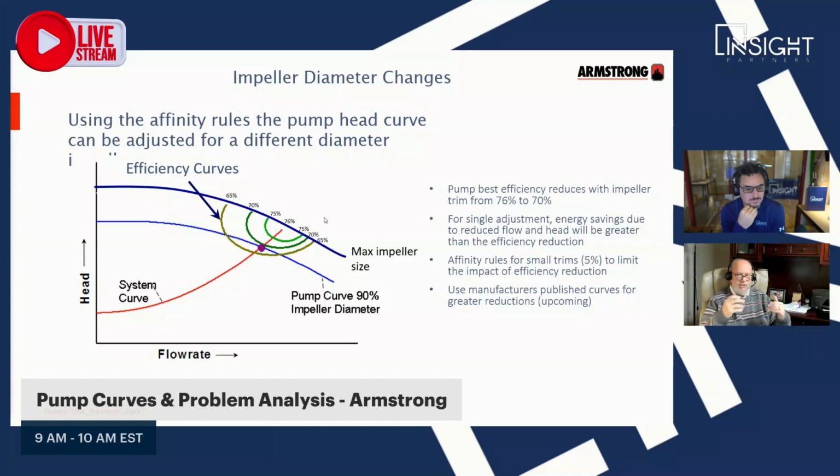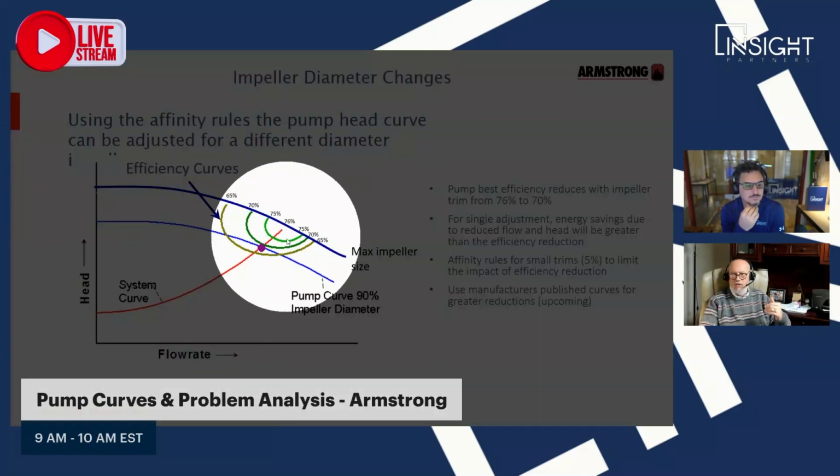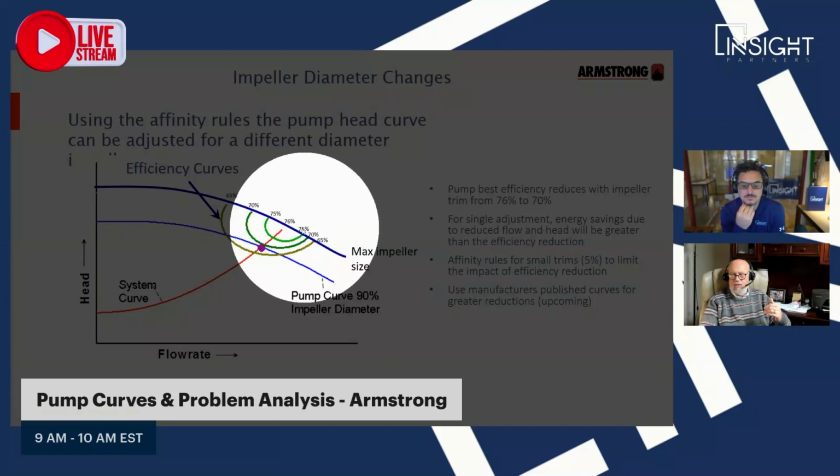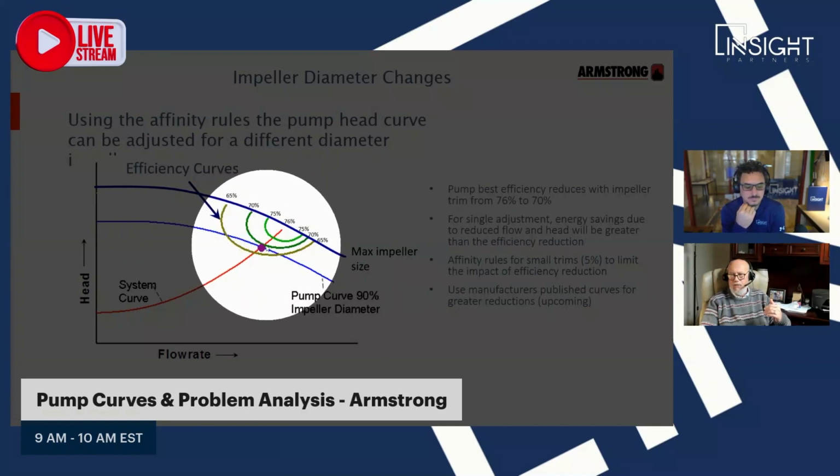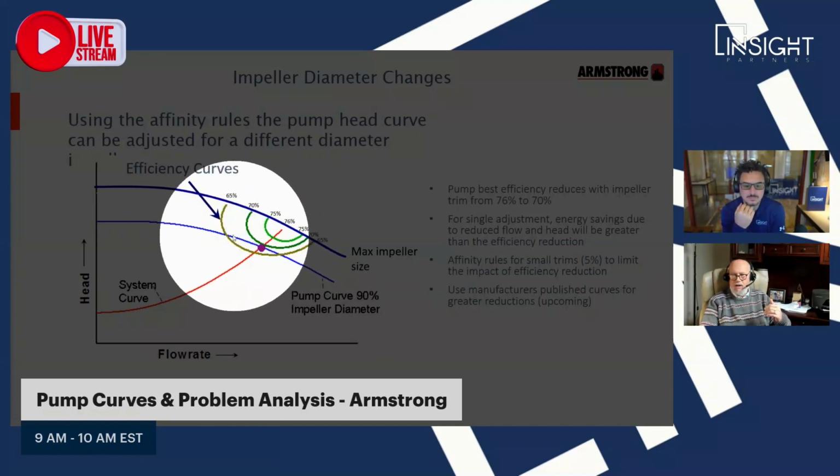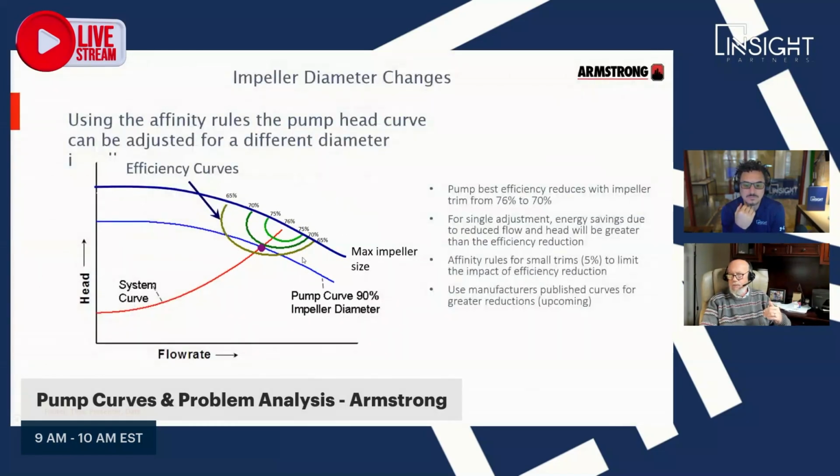So ideally, as we start to change the impeller size, if I look at this, this is the maximum impeller size. This is a 90% curve. So I'm getting a better match. And what we really want to do is minimize how much we change that impeller size. We want to do everything we can to not put full size impellers in and then go, okay, we'll trim them down after it's in the field.